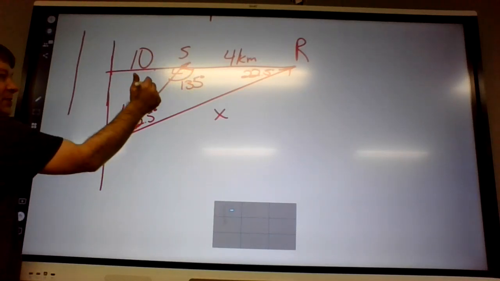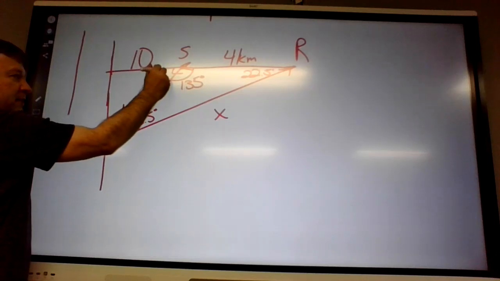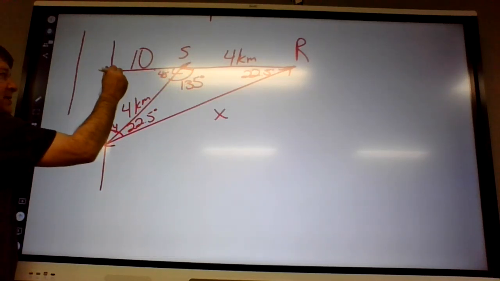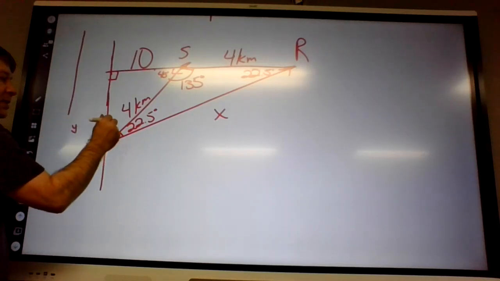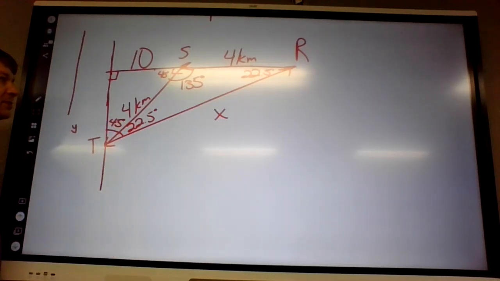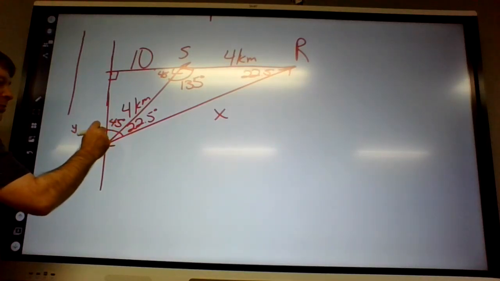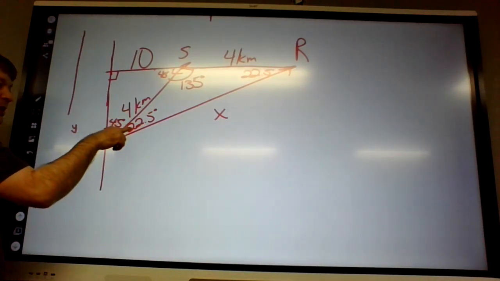Remember, it was 45, because it's split in southwest, so it's directly 90, 45, 45, 90. So the bearing, the heading, like what direction they're going, is that plus that.